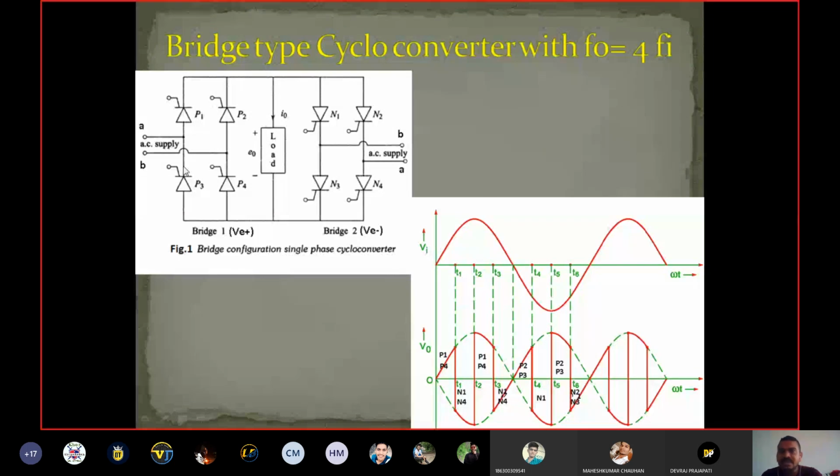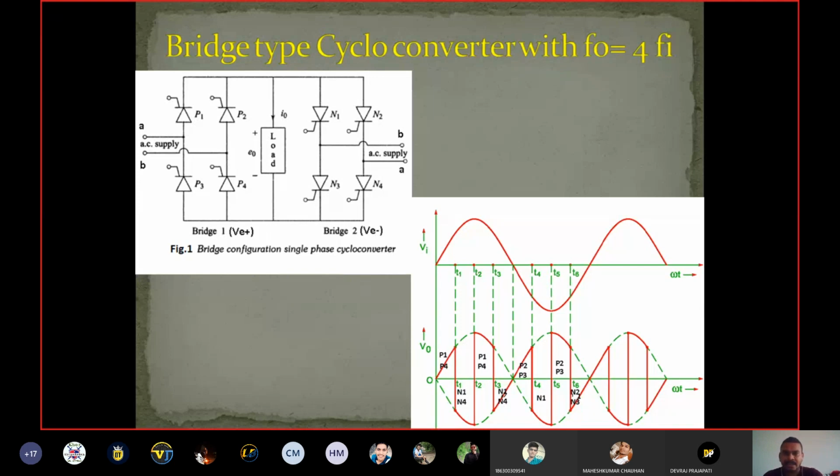Likewise, B is negative, so the negative is connected to the cathode of P4. That means P4 will be forward biased, and the anode of P2 is connected to the negative terminal, so P2 becomes reverse biased. So during the positive half cycle, P1 and P4 will become forward biased in the positive converter.